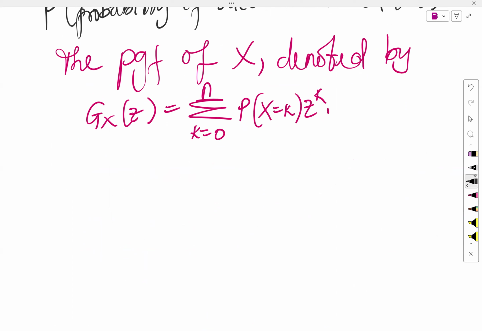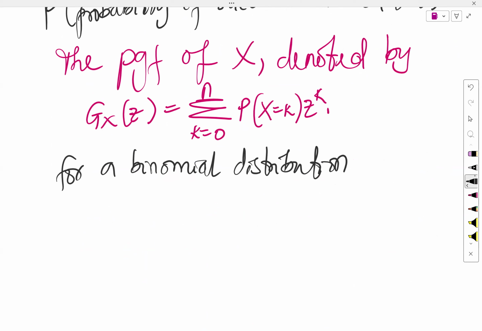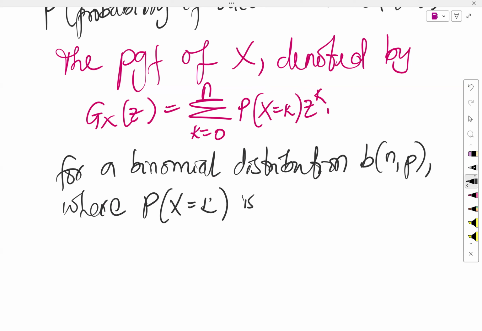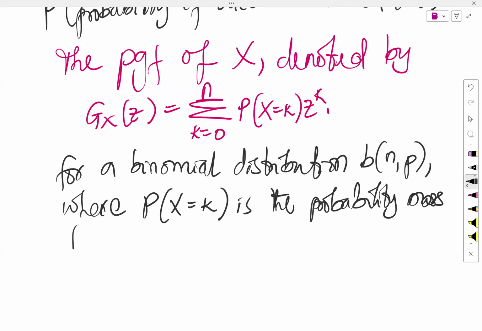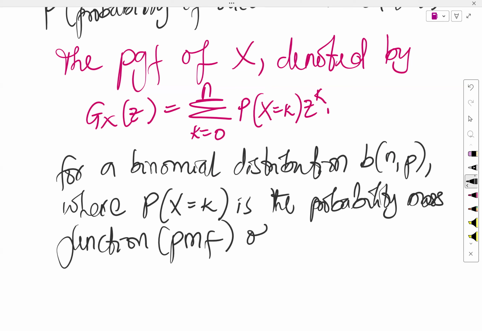So we know that for a binomial distribution B(n, p), P(X = k) is the probability mass function, the PMF of the binomial distribution.